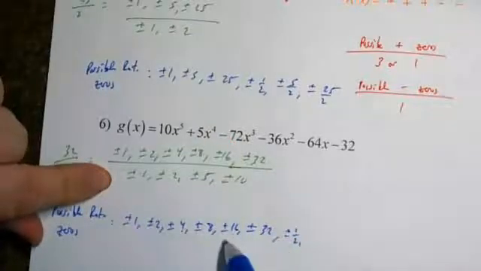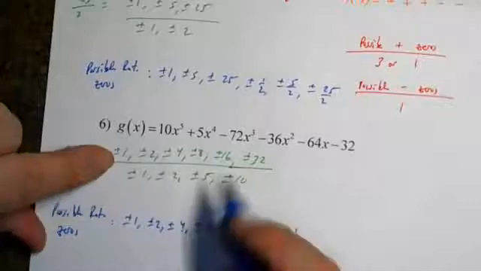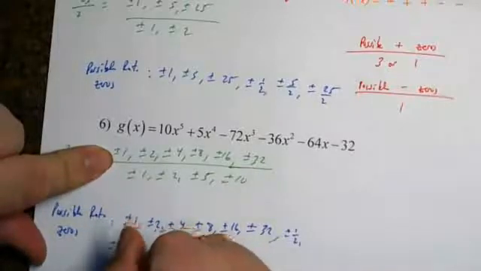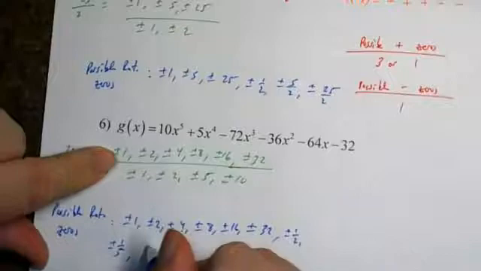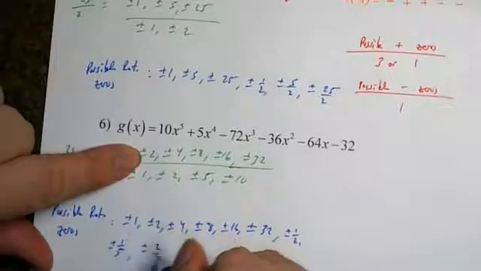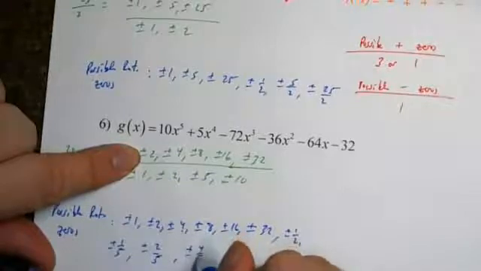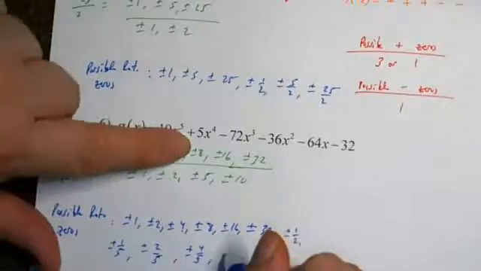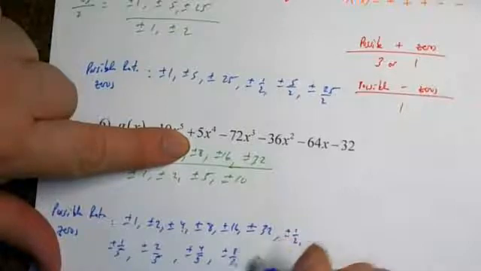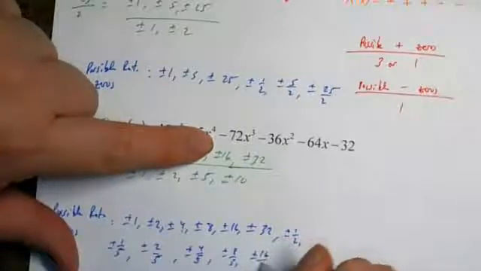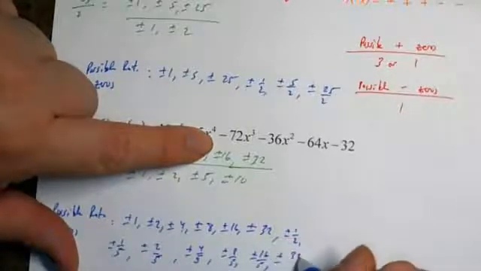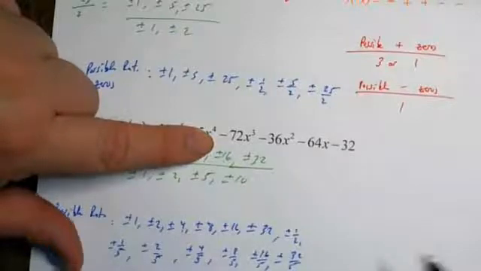So now let's go to 5. Plus or minus 1/5, plus or minus 2/5, plus or minus 4/5, plus or minus 8/5, 16/5, 32/5, nothing to help me there.